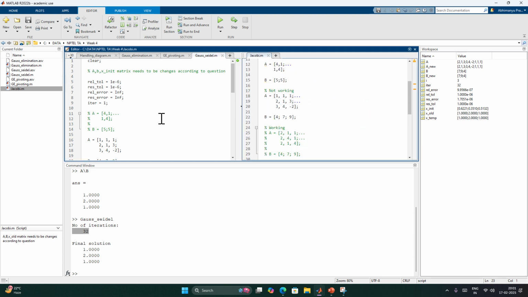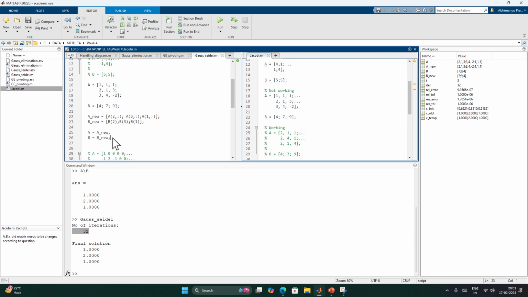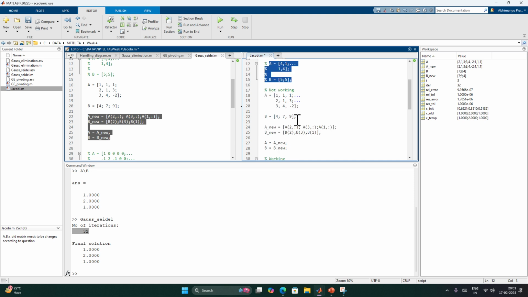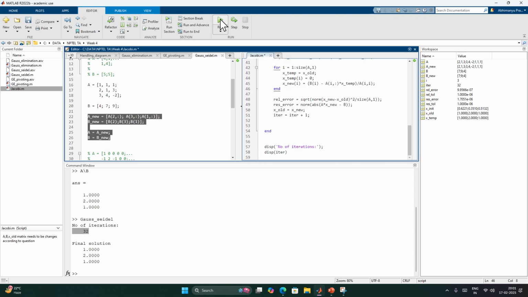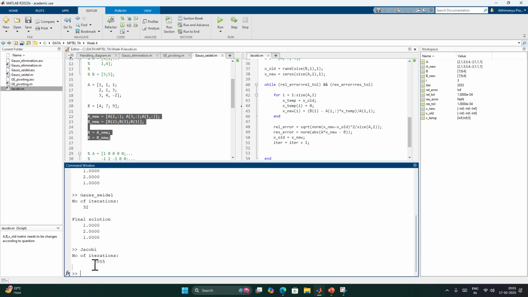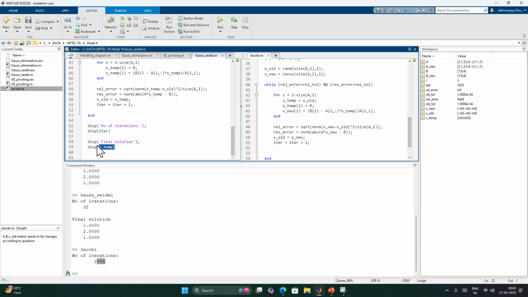Now I will do the similar thing with Jacobi. We'll see how this goes. Okay, fine. Comment this out. So it ran for 2025 iterations and still I'm not getting my correct answer.